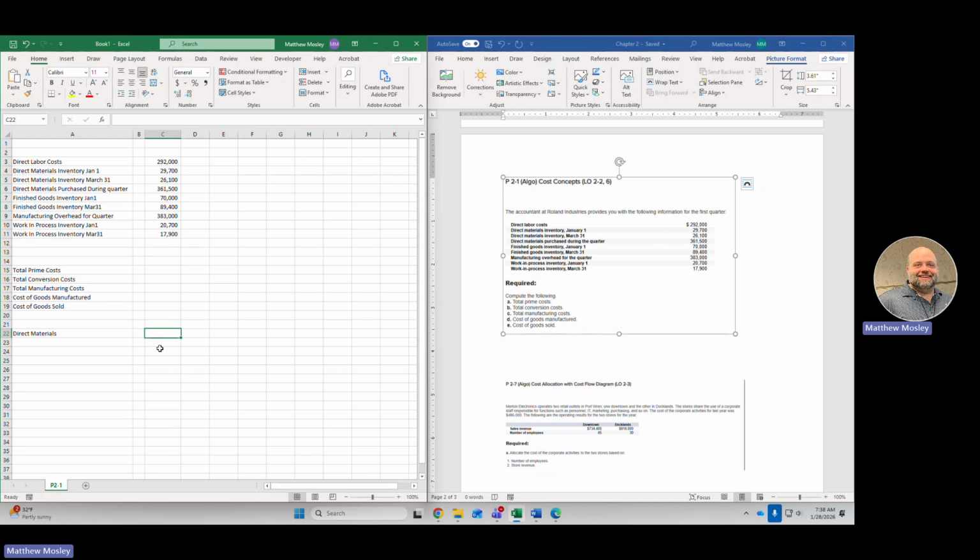If we're going to get direct materials, we're going to start with the beginning inventory. So that'd be January 1st. We're going to add in the direct materials purchased during the quarter, and then we're going to subtract out the ending inventory. And this will give us the direct materials that were available during that time.